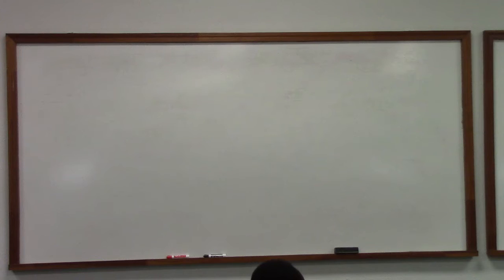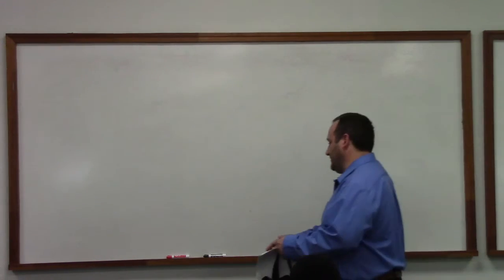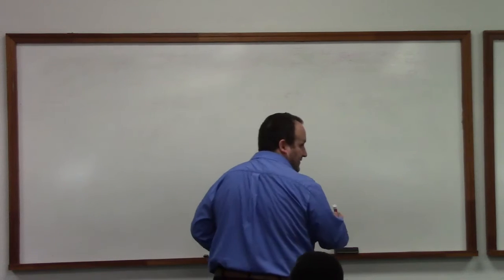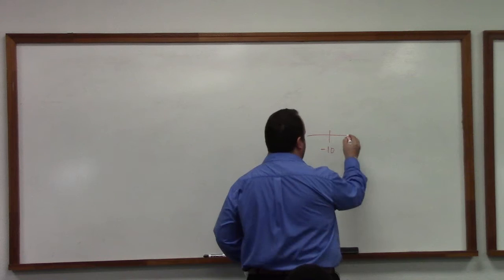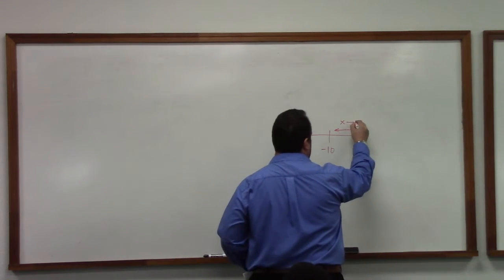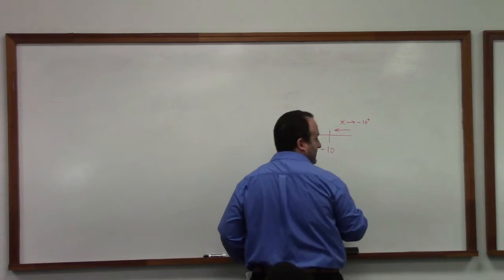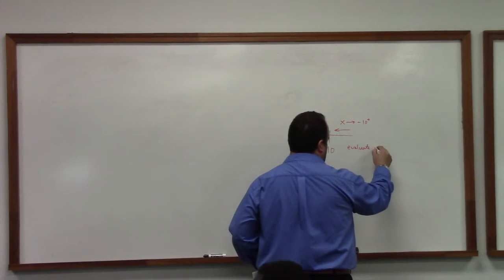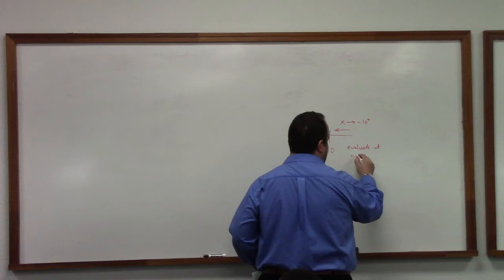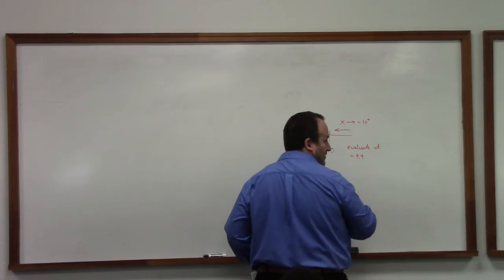To figure out whether it's plus or minus, what I'll do in a pinch is I go, okay, I've got minus 10, I'm approaching from the right. So I could try evaluating something like minus 9.9, for example.